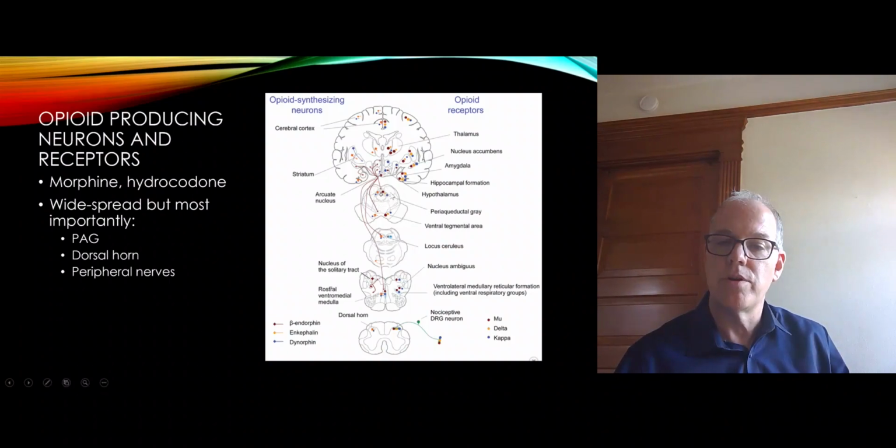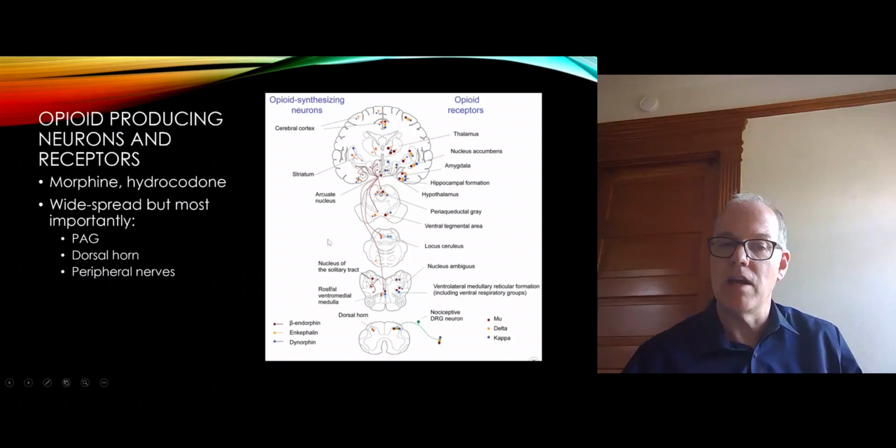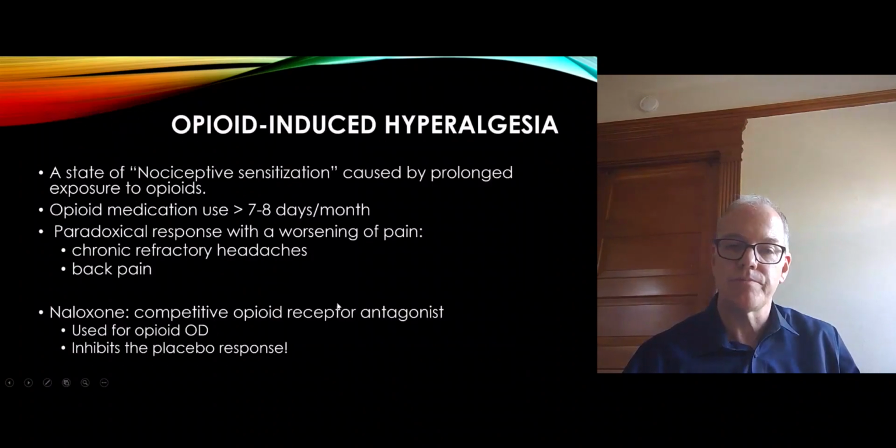Okay, lots of opioid receptors there. But there are also lots of opioid receptors here on the dorsal horn and lots of opioid receptors on the distal portions of peripheral nerves. So some of the more common opioid medications would be morphine and hydrocodone. Okay, but again, we've got all these endogenous opioids in addition.